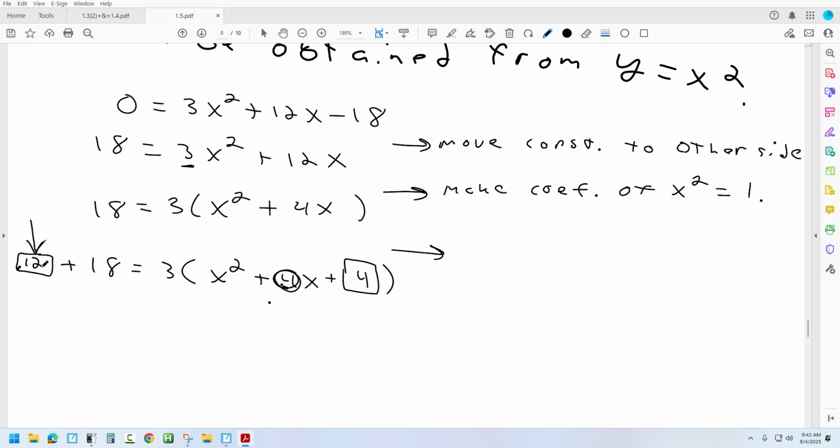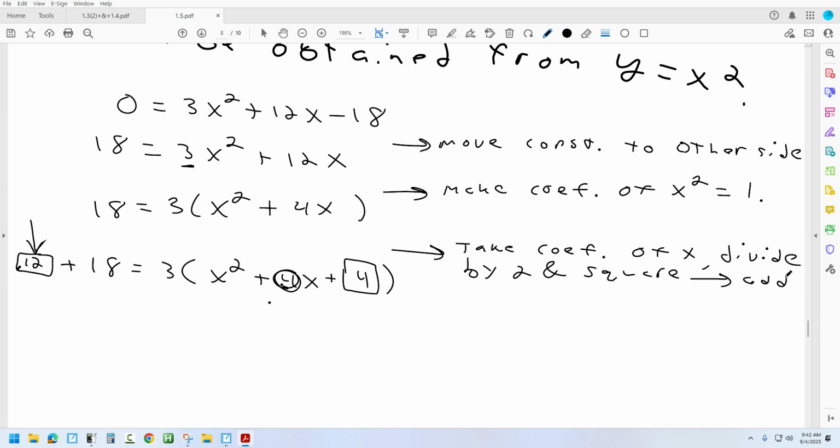So the step here was: take the coefficient of x, divide by 2, and square it. And add that to both sides.